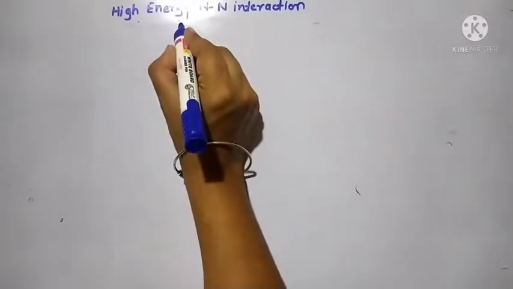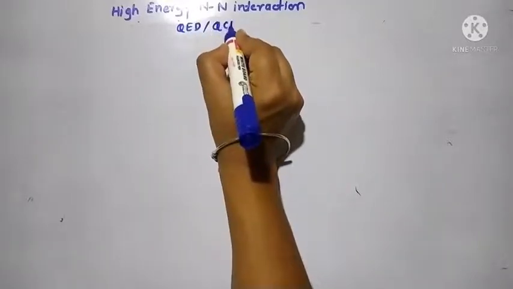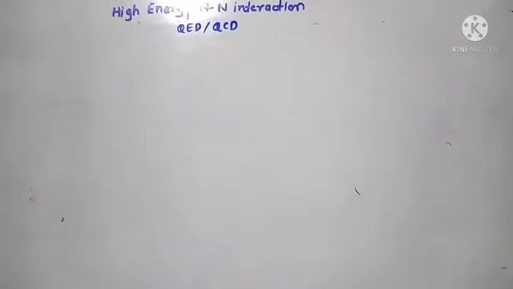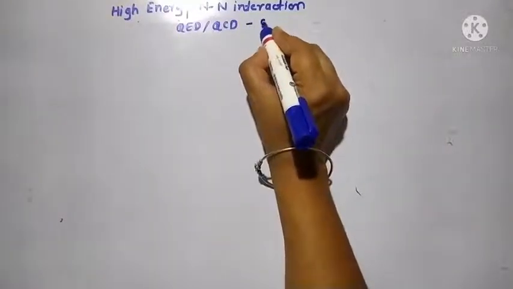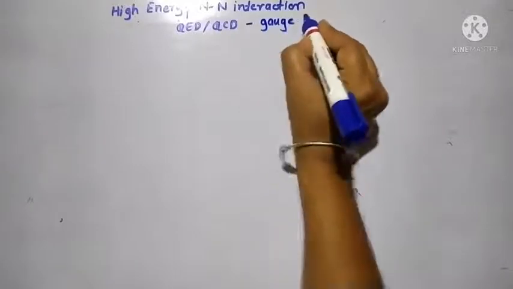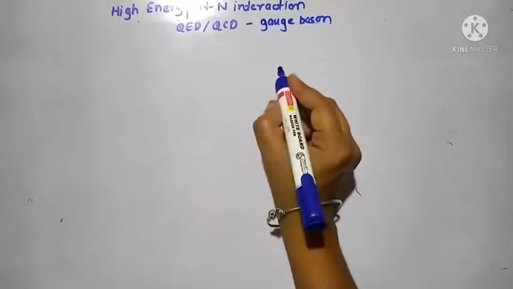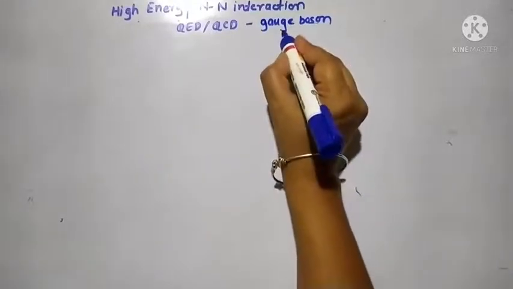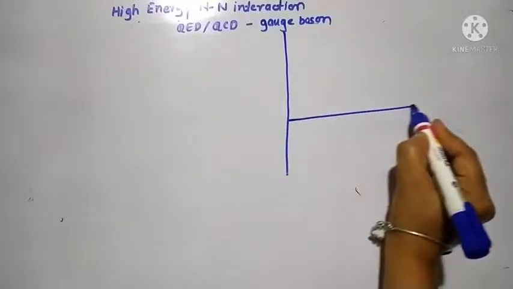Now according to the quantum electrodynamic theory or quantum chromodynamic theory, whenever there is an interaction between any two particles, that interaction must be due to the exchange of some particle which we call a gauge boson. So when we are dealing with the high energy interaction, when we are speaking of the interaction between the proton and neutron, there must be some exchange particle.